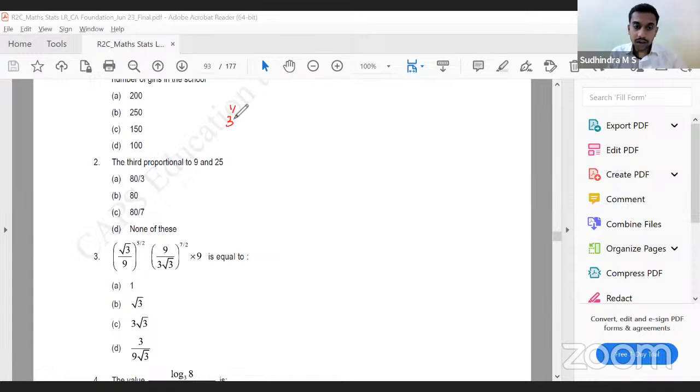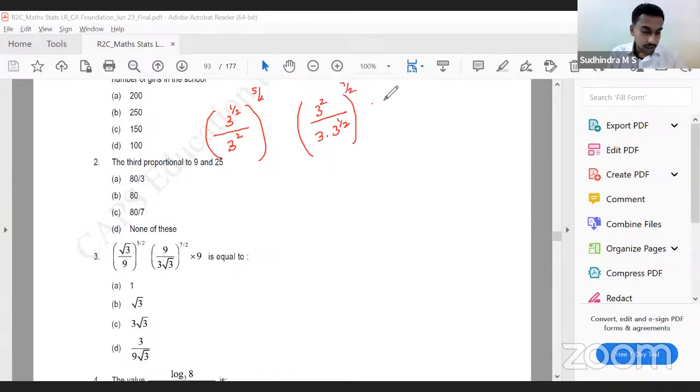Root 3 can be written... Convert everything in terms of 3. So 3 power 1/2 divided by 3 square whole power 5/2, into 3 square divided by 3 into 3 power 1/2 whole power 7/2, into 3 square.